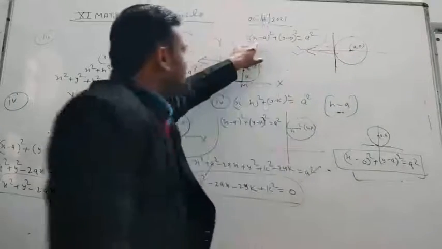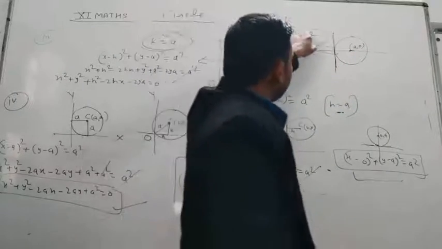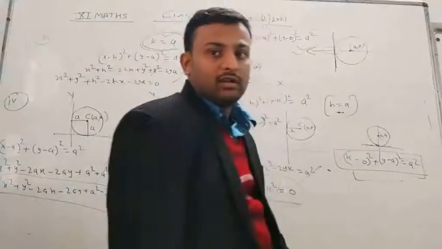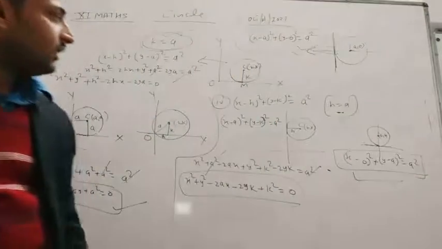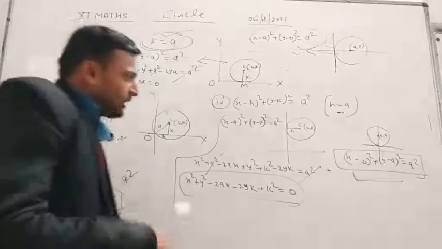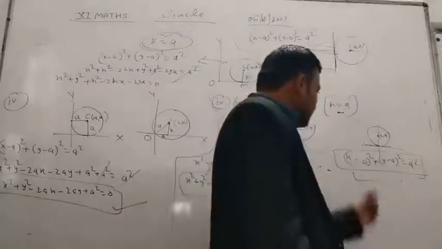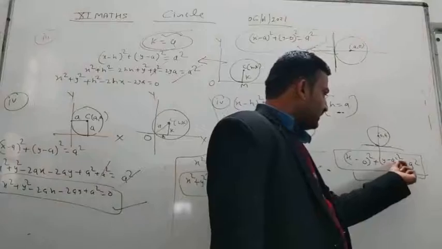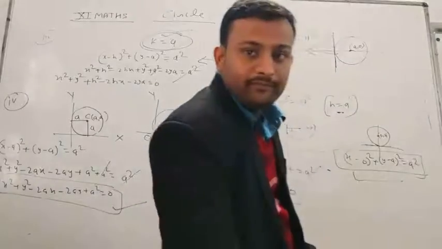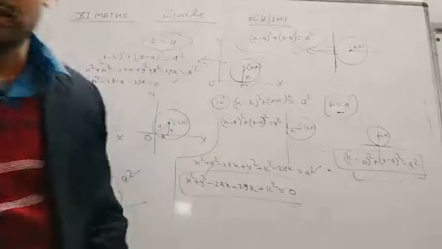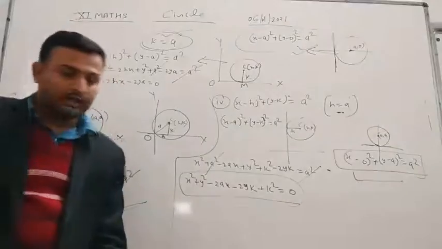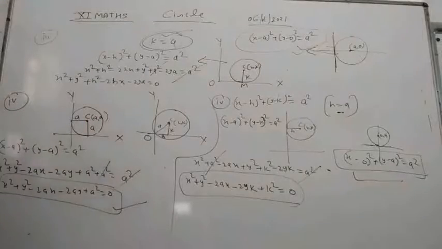So equation of circle will be (x minus a) square plus (y minus 0) square is equal to a square. And our last case is when the circle passes through the origin and its center lies on y axis, then (x minus 0) square plus (y minus a) square is equal to a square. So these are some cases in which the equation of circle will be changed.